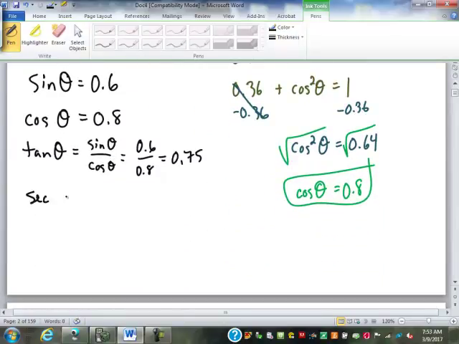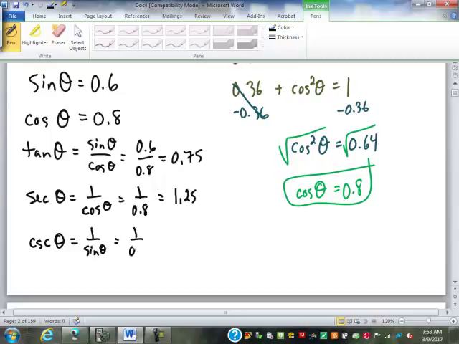The secant of the angle, of course, is 1 over which function? Cosine. So that's 1 over 0.8, which is what, 1.25? The cosecant is 1 over sine.